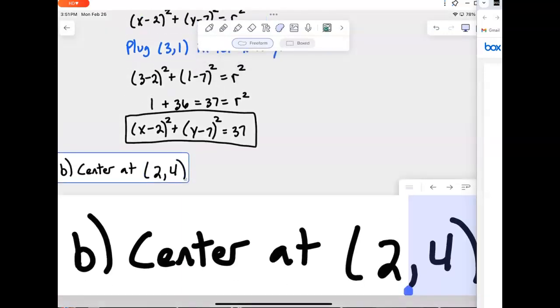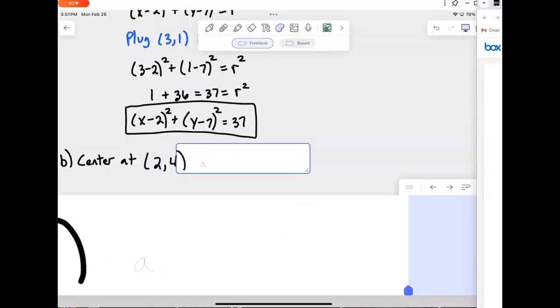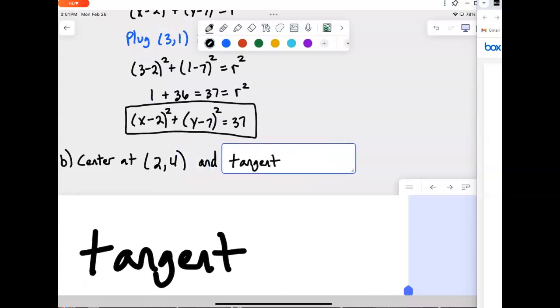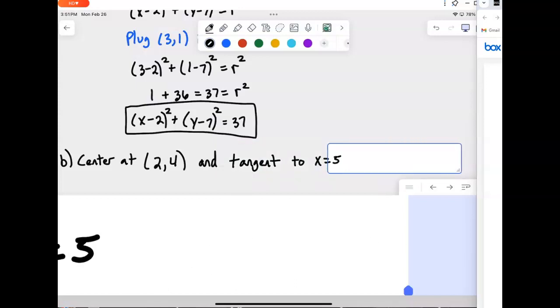Okay, and this time we were told that our circle is tangent to x equals 5.